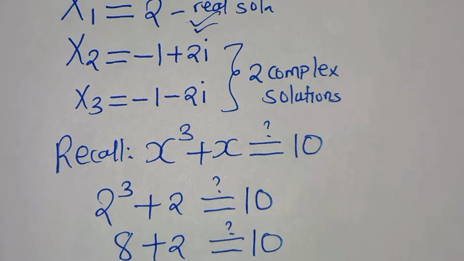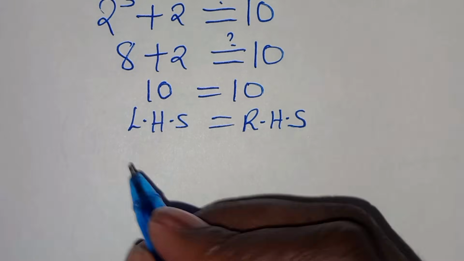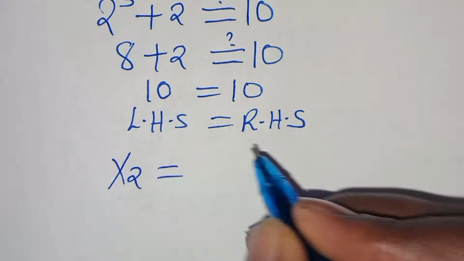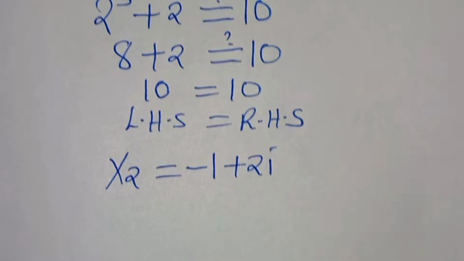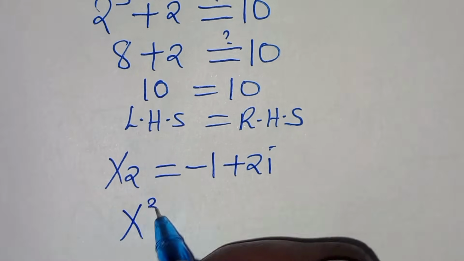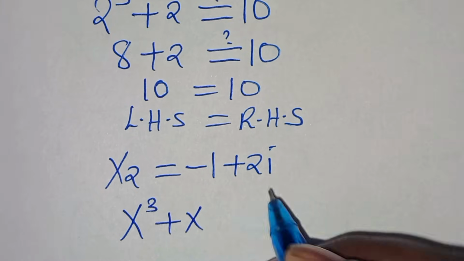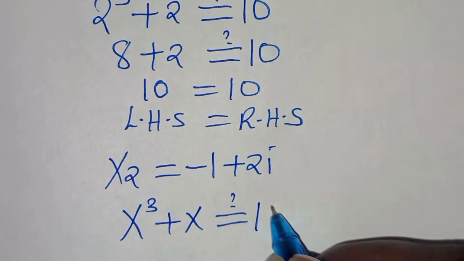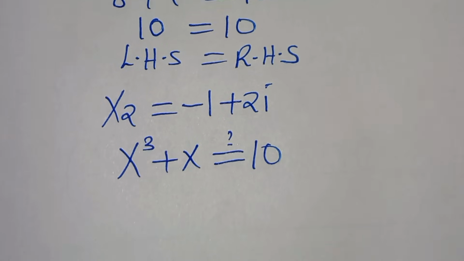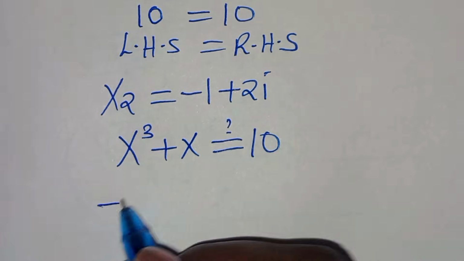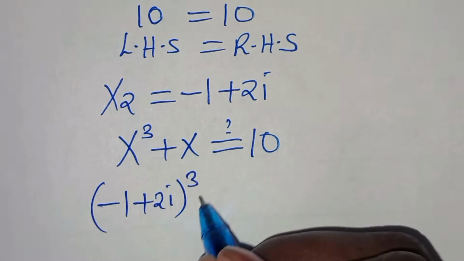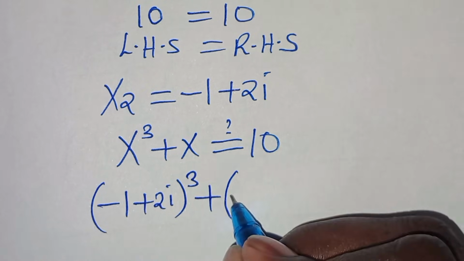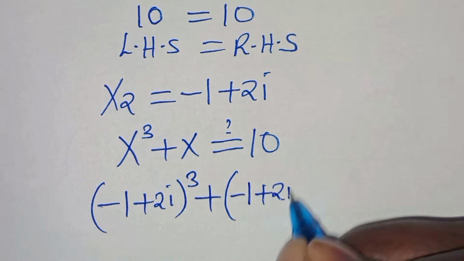Now let's proceed to x2. x2 here is equal to minus 1 plus 2i. And we have x to the power of 3 plus x. This is supposed to give us a value of 10. Let's substitute minus 1 plus 2i. This is raised to the power of 3, then plus minus 1 plus 2i.